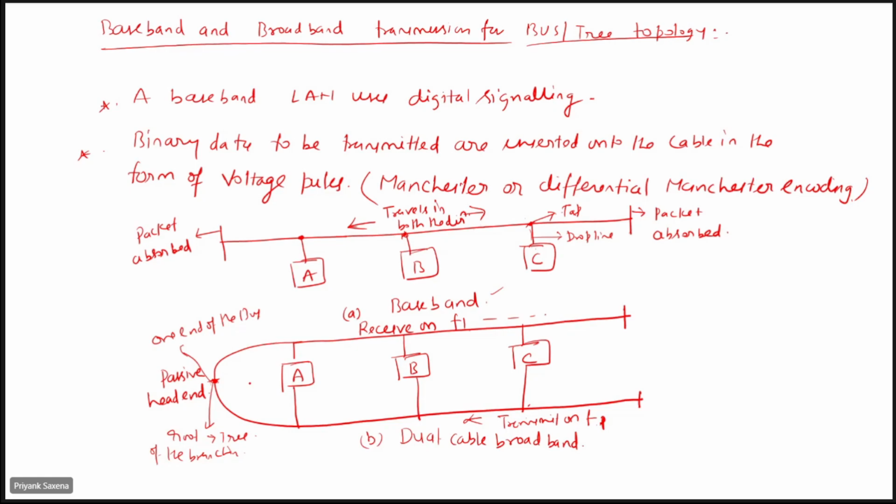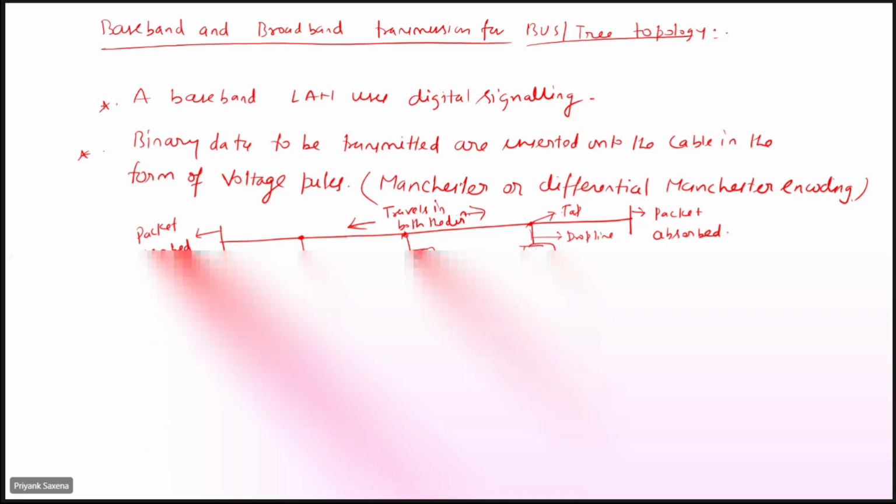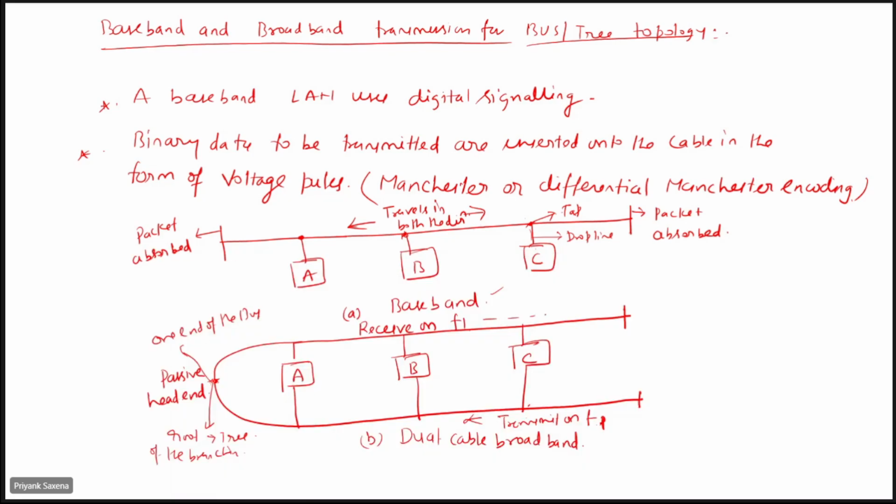So there are two cables, one for transmission and one for reception, right? This is one end of the bus, the passive head end. One cable, another cable. Transmission happens at F1 and it is received on the other cable at F1. So this is how bidirectional data transfer is possible in the case of broadband transmission.